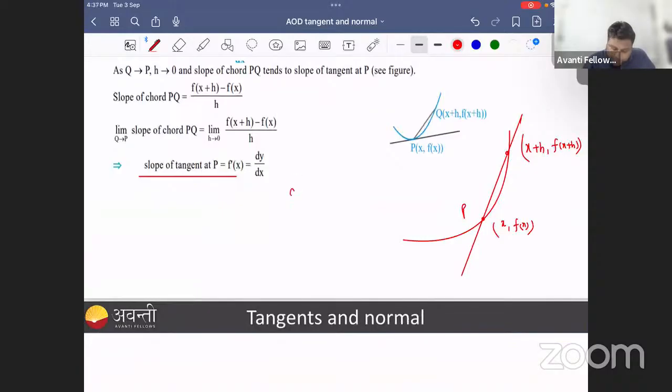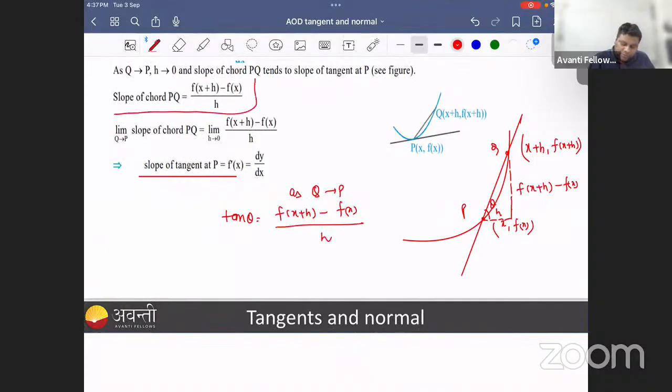Now as Q approaches to P, this is Q. Now this is f of x plus h minus f of x, and this base is going to be h. So as Q approaches to P, slope of secant, tan theta, will be f of x plus h minus f of x upon h. This is what they are saying, slope of chord PQ. Got it?